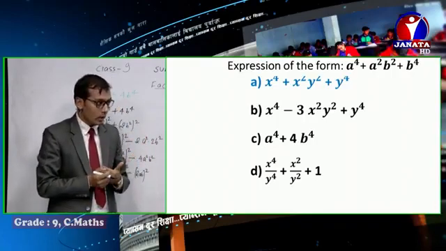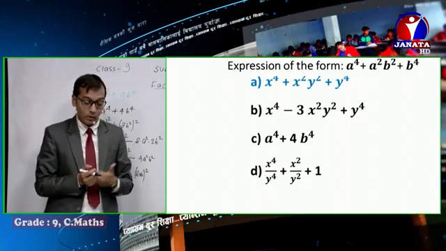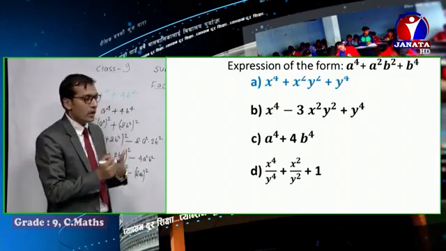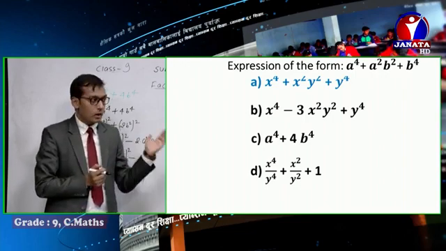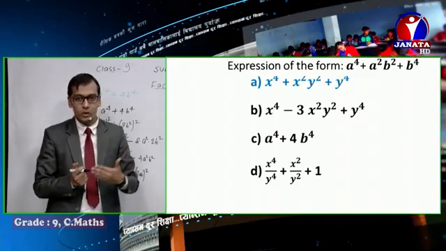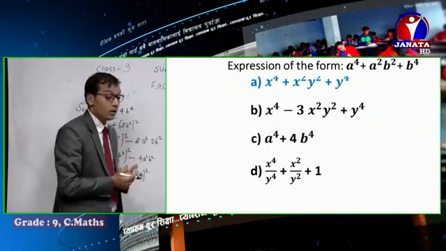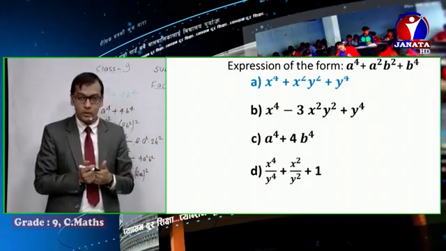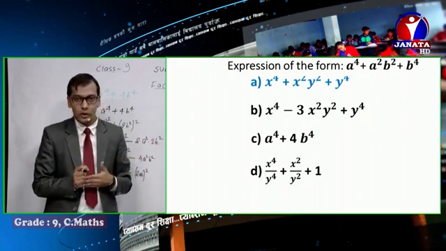It's x to the power 4 over y to the power 4 plus x square over y square plus 1. For this expression, we can arrange the first and third terms together and convert into a square plus b square form, and then at the end, like in these questions, we can convert into a square minus b square form for this factorization. Let's try this question.